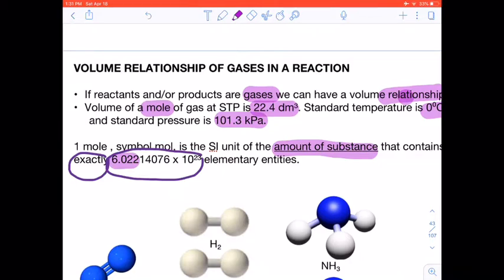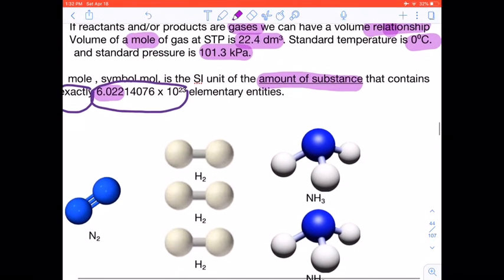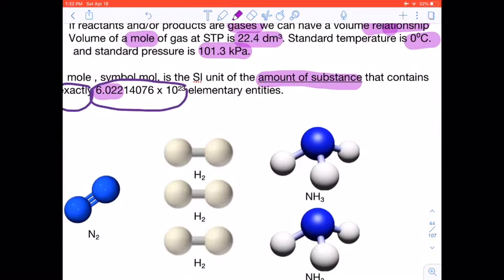6.02 for our purposes. So 1 mole of any substance is equal to 6.02 times 10 to the 23 particles of that substance. So if I ask you for 1 mole of apples, it would be 6.02 times 10 to the 23 apples. If I ask you for 1 mole of marbles, it would be 6.02 times 10 to the 23 marbles.